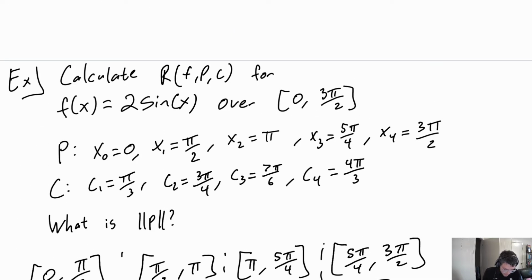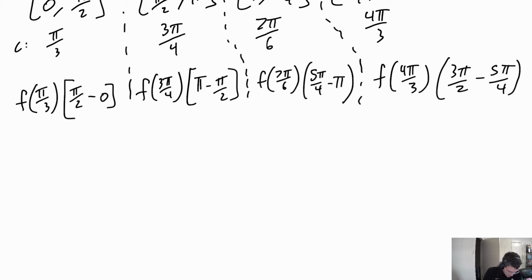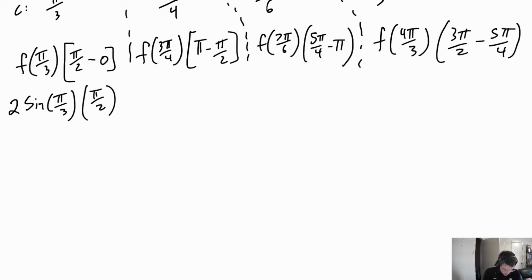Remember that our given function is 2 sine x. So here on this first rectangle that we're dealing with, this first subinterval and first sample point, the height is 2 times sine of pi over 3. And then the length is pi over 2. Sine of pi thirds is root 3 over 2.